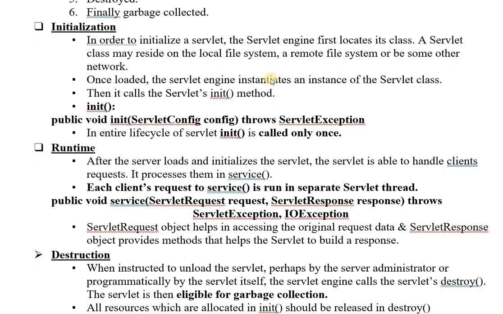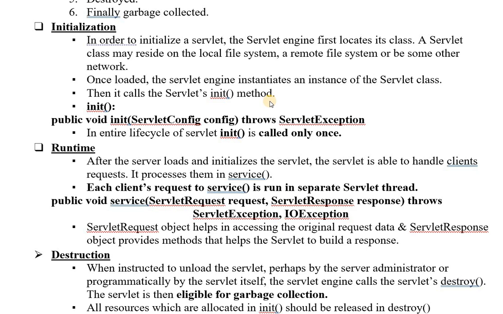Initialization. To initialize a servlet, the servlet engine basically locates its class. The servlet class may be on the local file system or on the remote file system or some other network. So just locate the class, load it. Once it is loaded, the instance is created. Once the instance is created, only then it will call the init method.